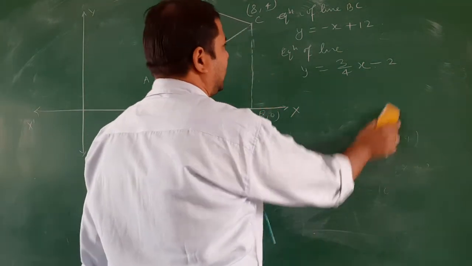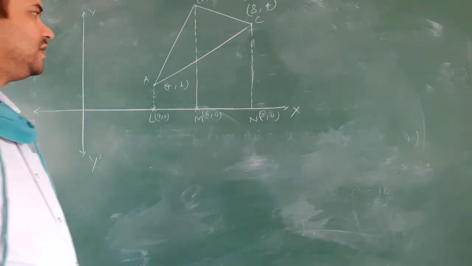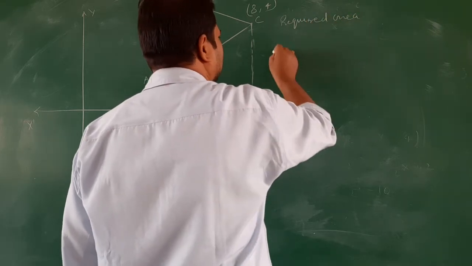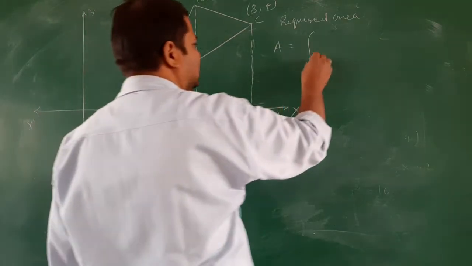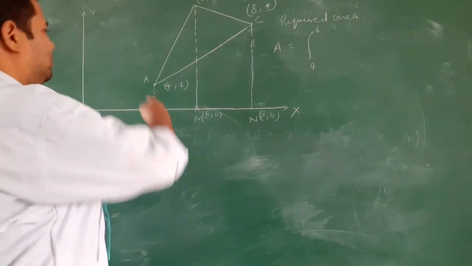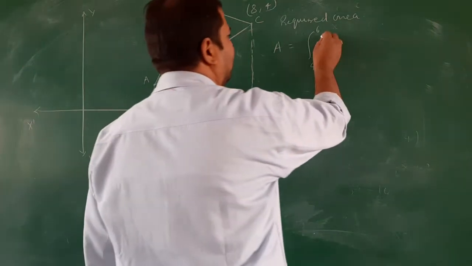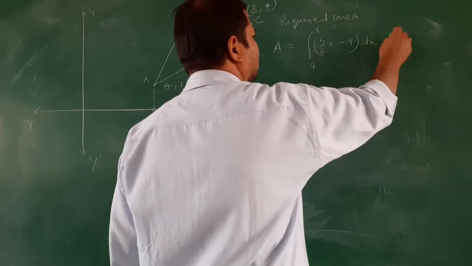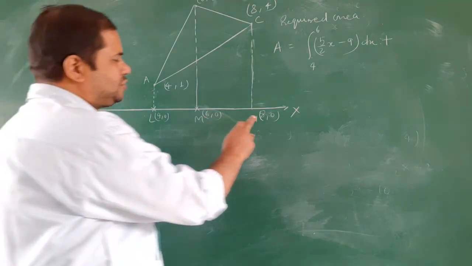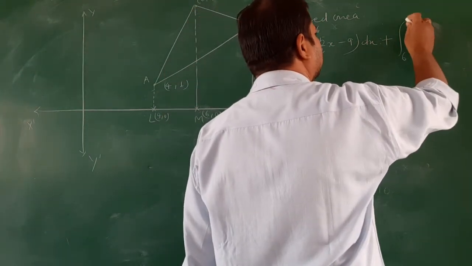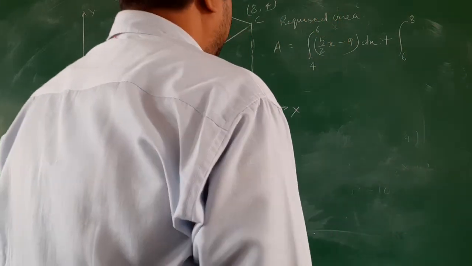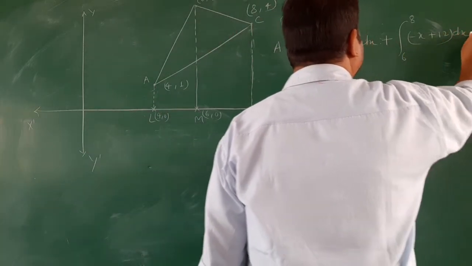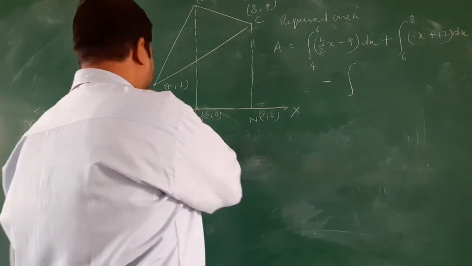The required area A is equal to, first one, 4 to 6, the equation of the line AB, 5 by 2 x minus 9 dx, plus 6 to 8, the equation of line BC, minus x plus 12 dx, and minus of from 4 to 8.